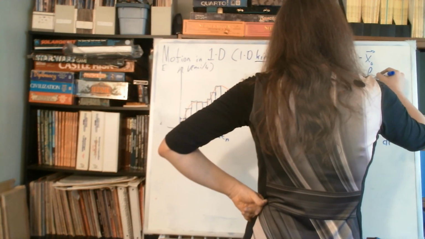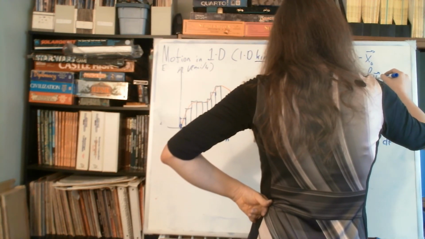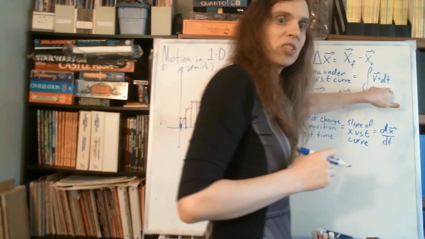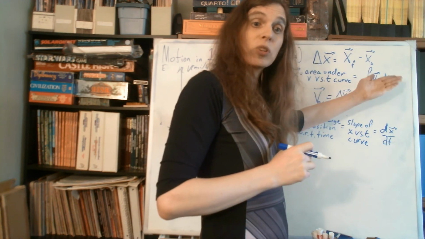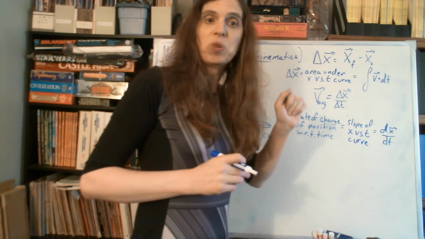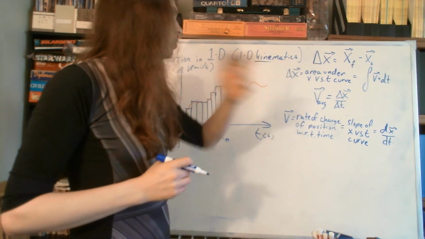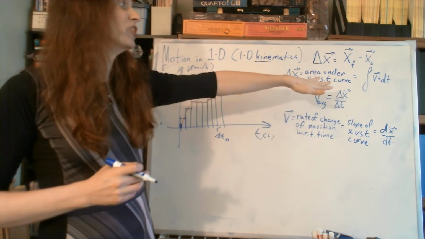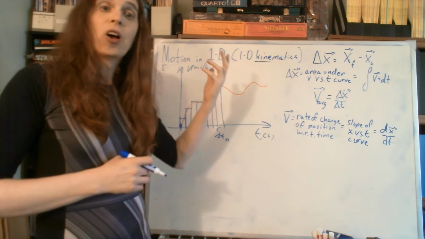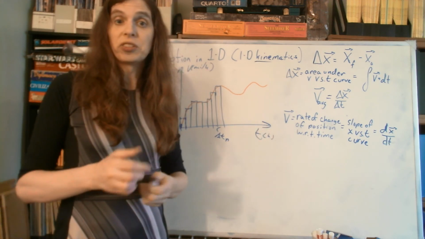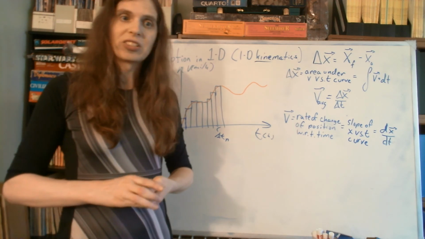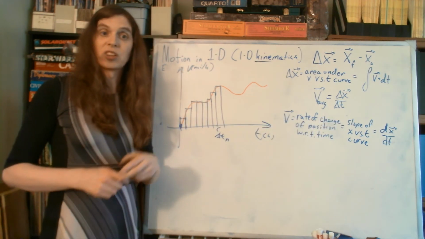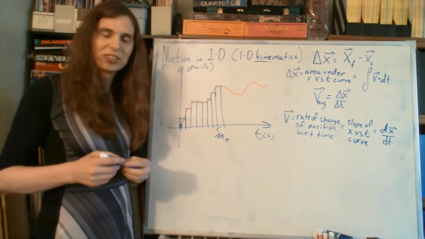So we have to do the sum of all the different velocities times the infinitesimal changes of time for which they have those velocities. That's the notation we use to represent that, this long s, we call it the integral sign, because if we're doing this for curves, the mathematics required to do this is called integral calculus. That and the differential calculus are both parts of the calculus of infinitesimals.